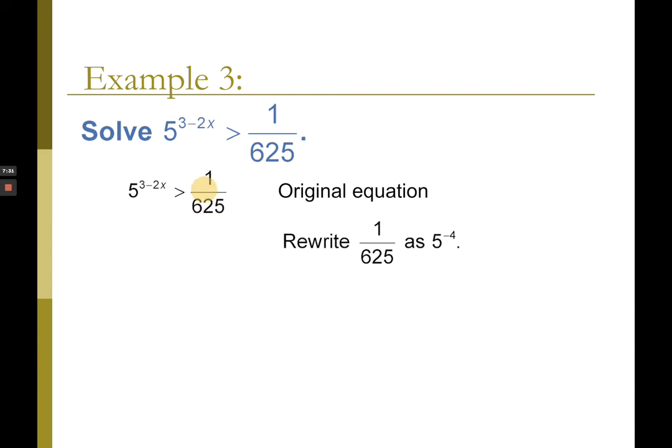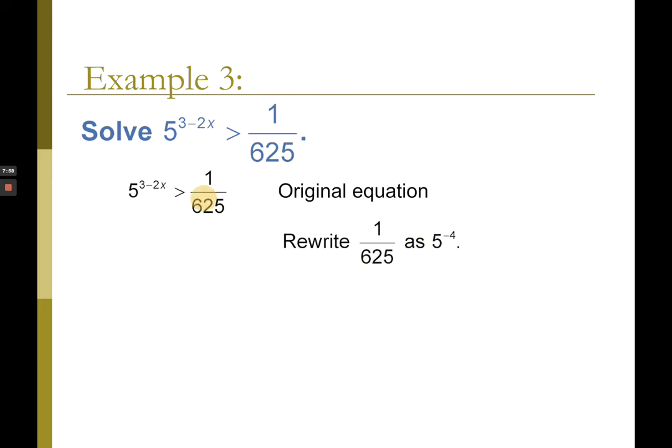We also flip this one because of the rule. If you have 1 over x, 1 over x is equal to x raised to -1. So you have here 625 raised to -1. 4 times -1 is going to be -4 with the new base 5, because the fourth root of 625 is 5.